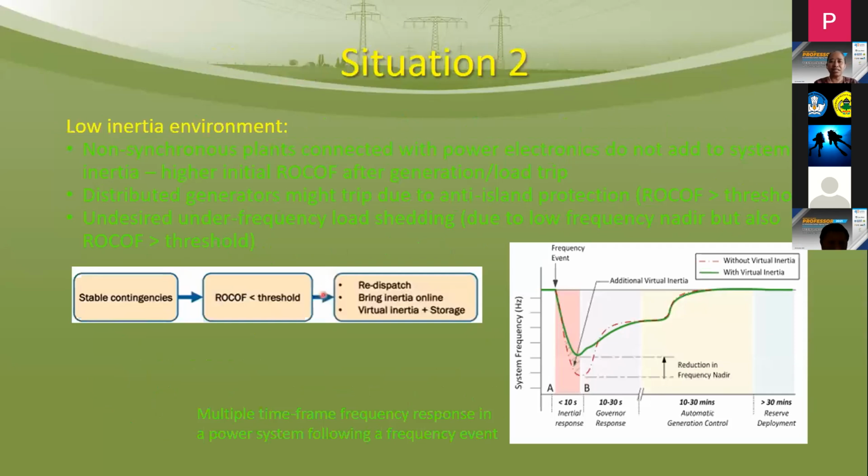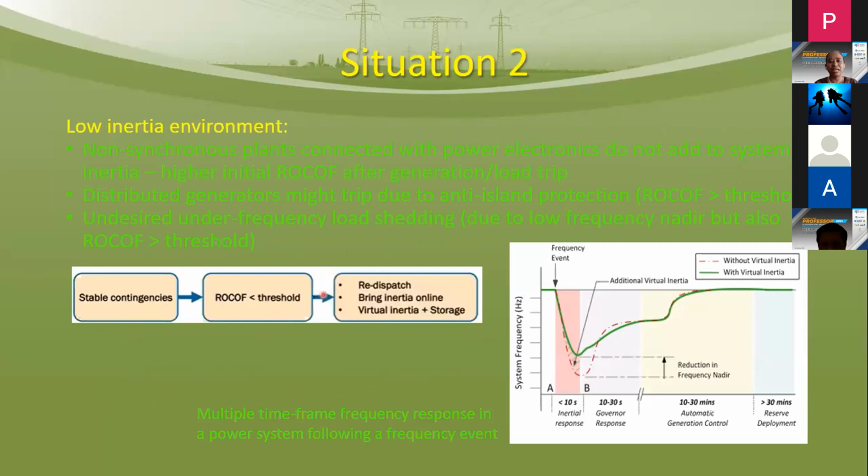In the second situation, where it is dominated by non-synchronous generators, the most important is that we should consider the low inertia environment. Non-synchronous plants connected with power electronics do not add to system inertia.